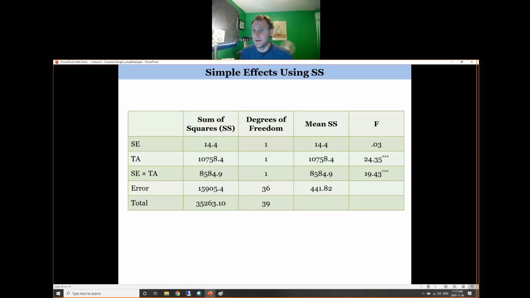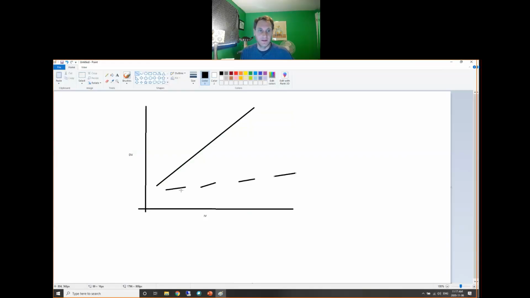We need to plot that interaction and then see if each of those lines is significant. Like this looks like there's a significant effect here for this solid line, but is this dashed line significant? Hard to say. Maybe, maybe not. Is this gap down here between them significant? It doesn't look like it, but maybe, I don't know. Is this up here? Yeah, it looks like it is.